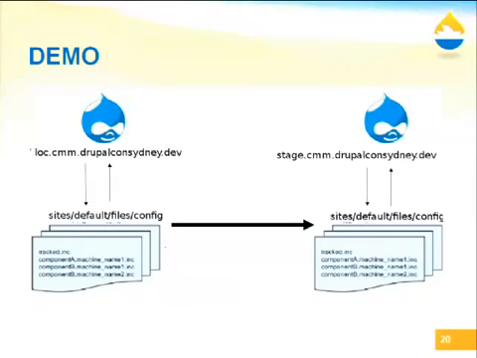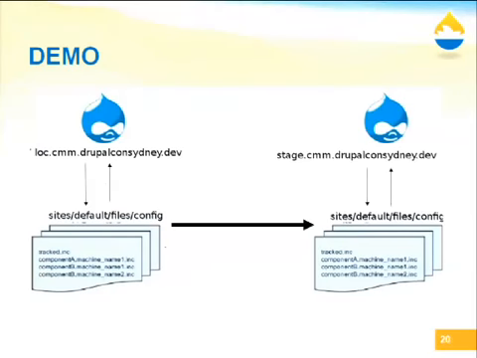Yes, it's inside the default files, and you can change the URL. You can put it outside the root directory, or put it on your remote server. So it's really flexible. By default, if you install the module, it will create the config directory inside files, but then you can change it.